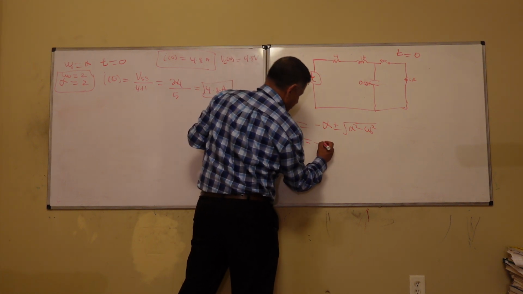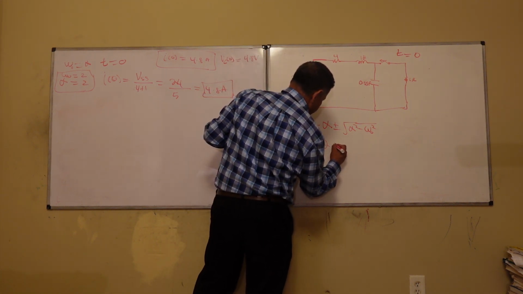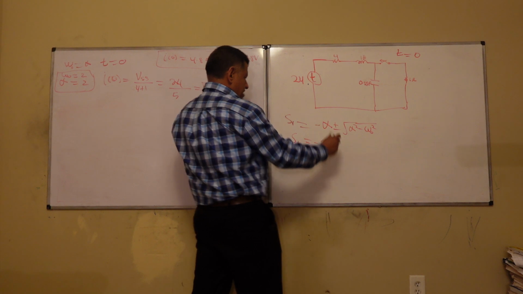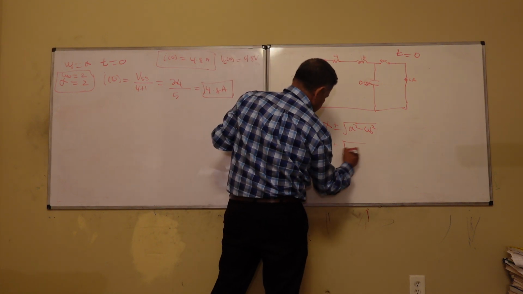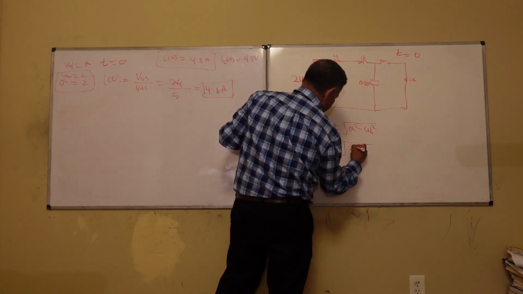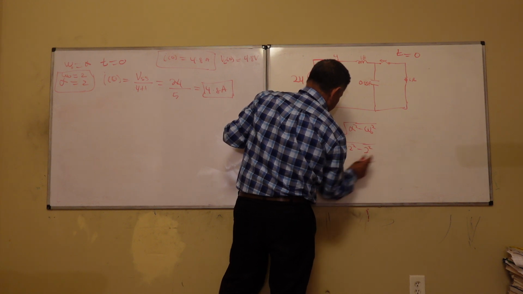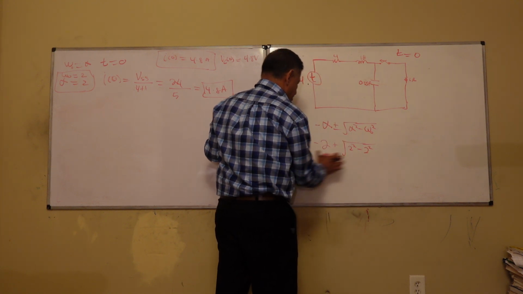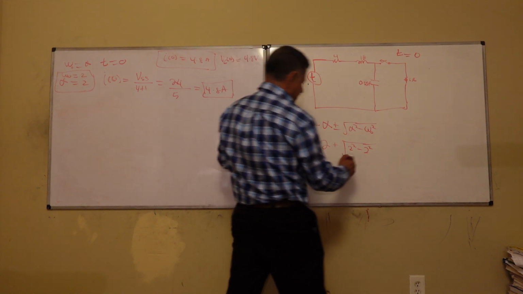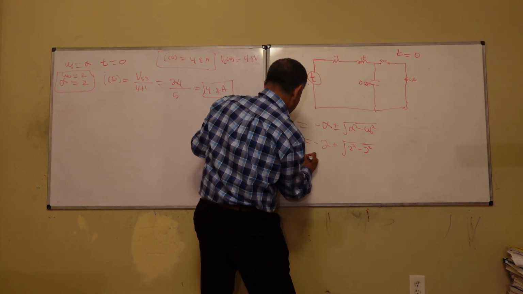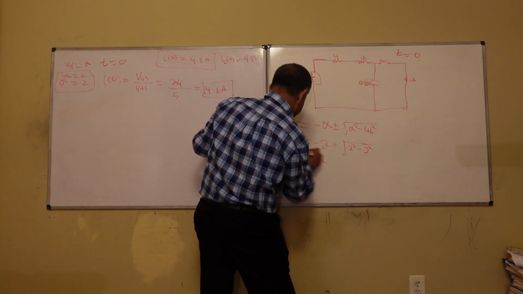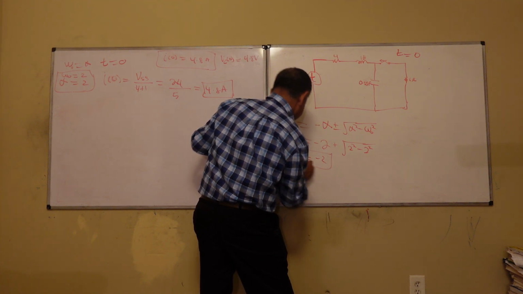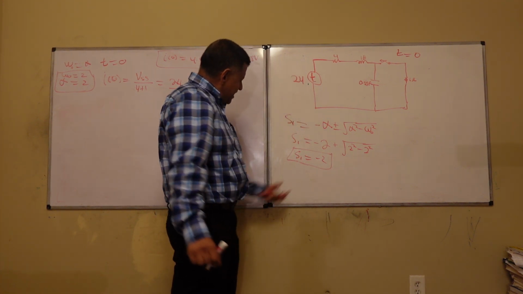Minus 2, and then we use the plus sign right now, and we get 2 squared minus 2 squared, which technically is equal to 0, so we are just left with S1 equal to negative 2.